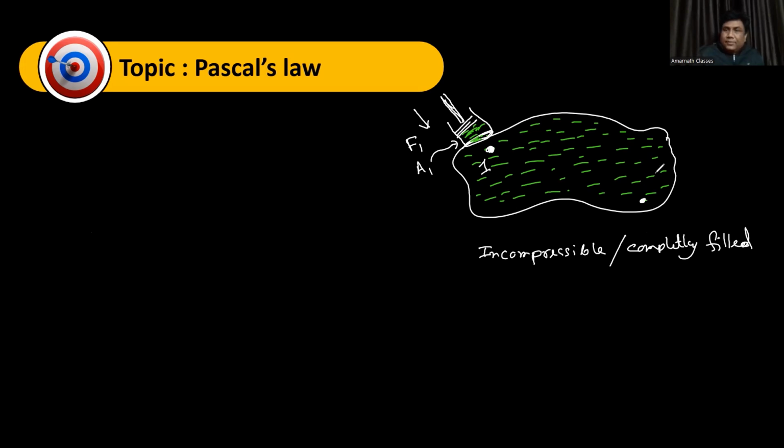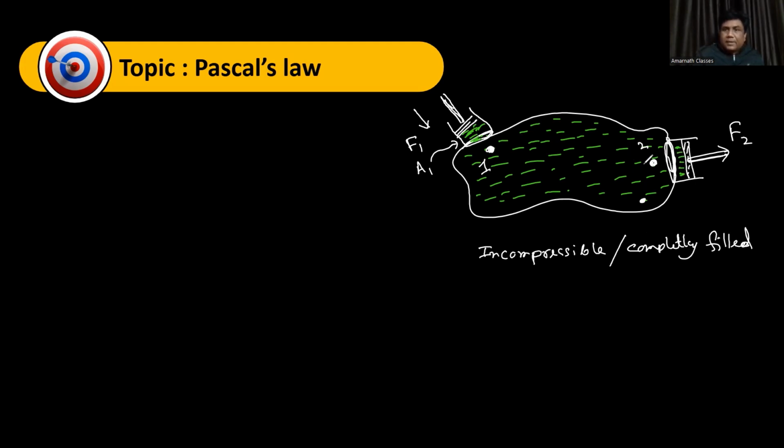If I put another piston here with a little more area, I will get a force F2, because if I press it, pressure will be developed at this point also.